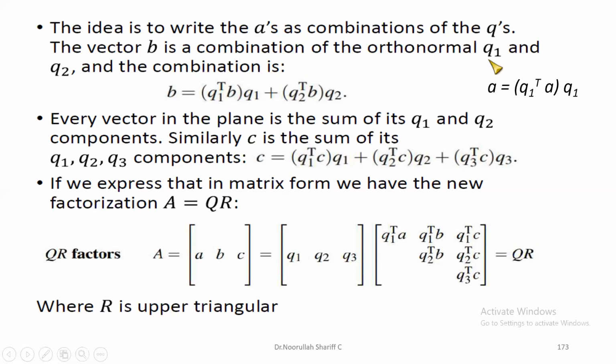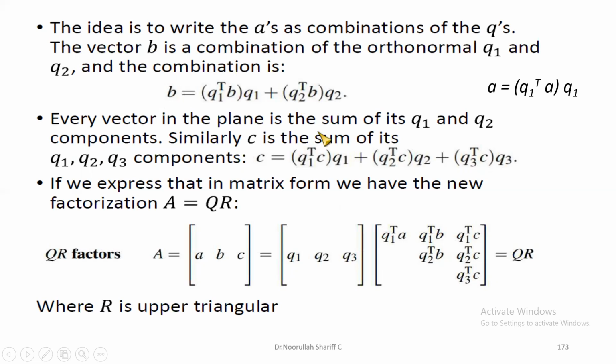So we can try to write first A as Q1 transpose A Q1. First, Q1 can be considered in the same direction as A. Then the vector B is a combination of the orthonormal Q1 and Q2, and the combination can be written as B is equal to Q1 transpose B Q1 plus Q2 transpose B Q2.